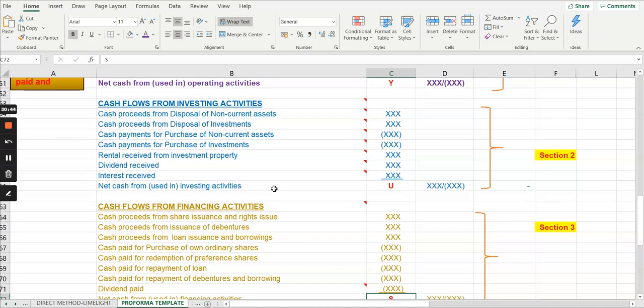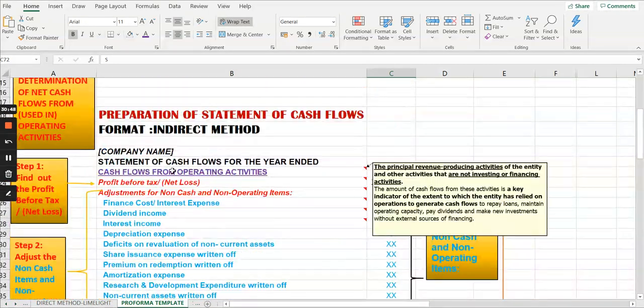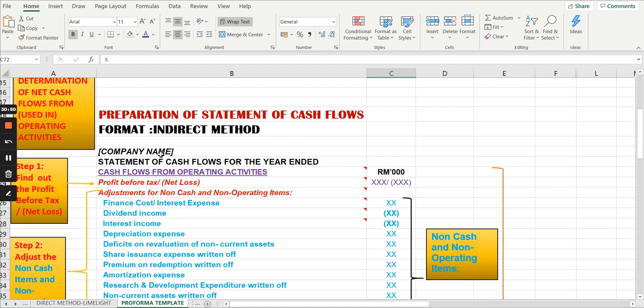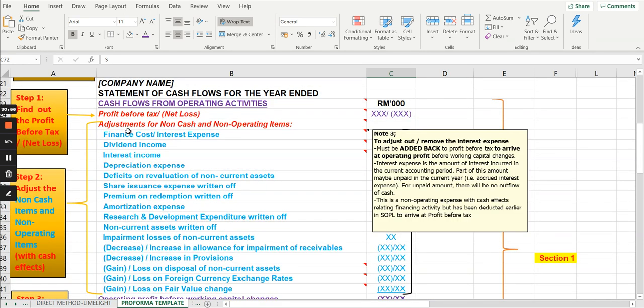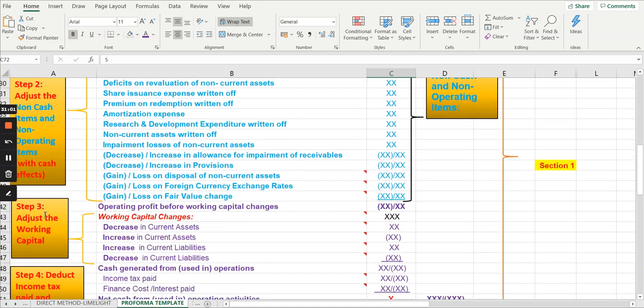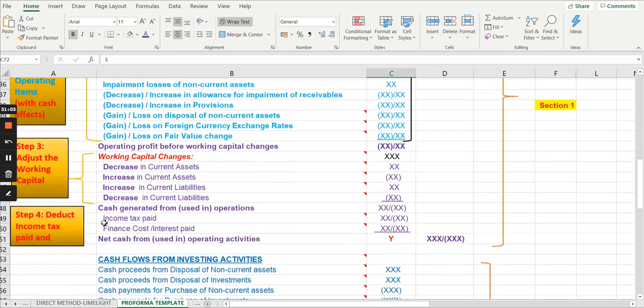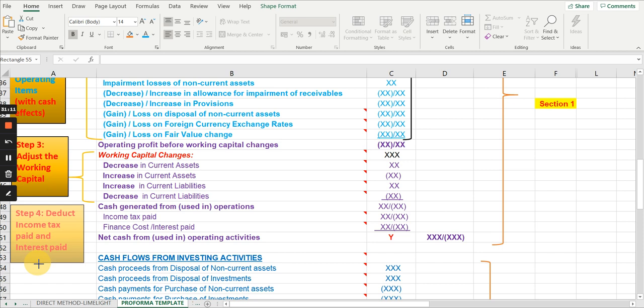With that, I have explained the presentation of the statement of cash flow using the indirect method, where it started with the profit before tax, followed by a second step of adjustments for non-cash and non-operating items. In the third step, I adjust for working capital, and my fourth step is adjusting for the income tax paid and my interest paid.